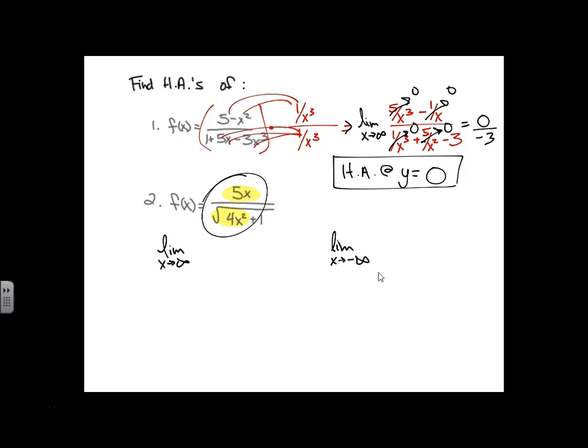I think the easy shortcut way is the ratio of the leading coefficients, which would be what? Maybe 5 over 4? Maybe 5 over 2? Interesting. But here's the dilemma. What happens when we do it the mathy way? What's the highest degree?